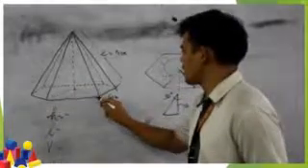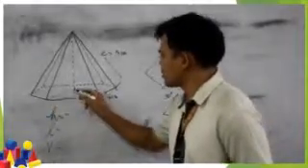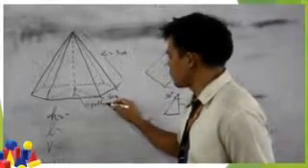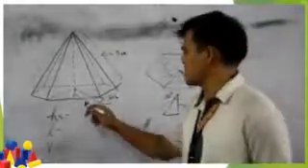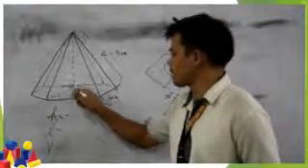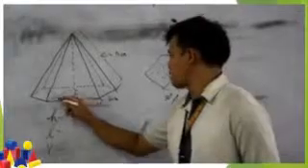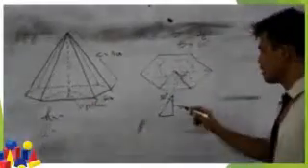This is the triangle inside the hexagon, and we're trying to find the value of the apothem. The apothem is the perpendicular distance from the center of the polygon to one of the sides of the base.